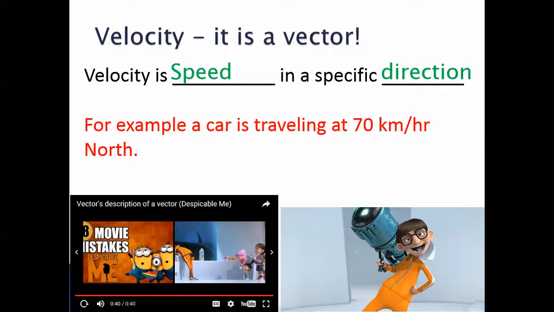So why do we care about velocity? Why does adding direction really make any difference? Well, it's important when you're talking about things that are moving in an enormous amount of space. So, for example, airplanes would be paying attention to their velocity more than their speed. Is it traveling 450 miles per hour north, south, east, west?